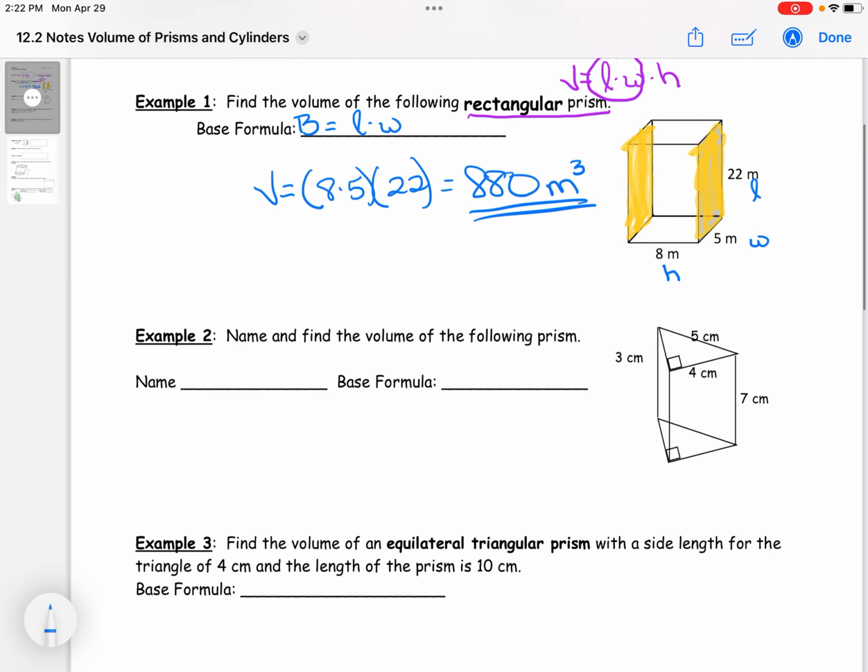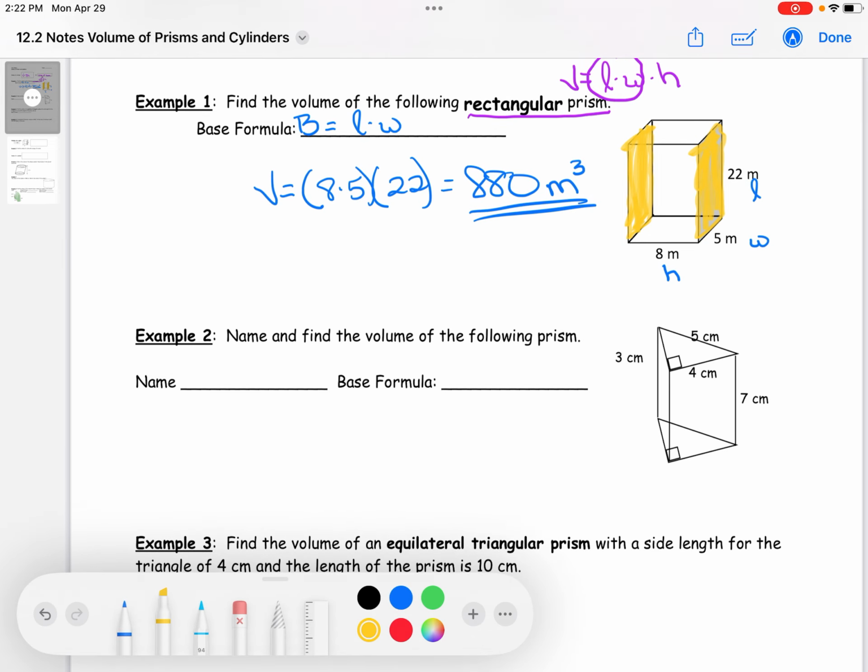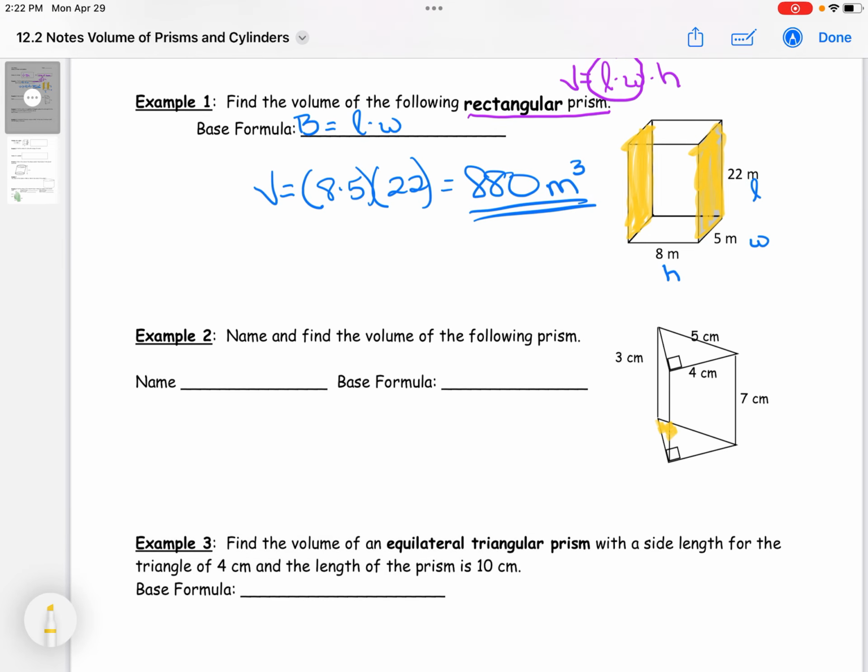Okay. Prism. We know where the bases are. This is basically the one we did on our last notes. All right, so the name is triangular prism. The base is 1/2 base times height.